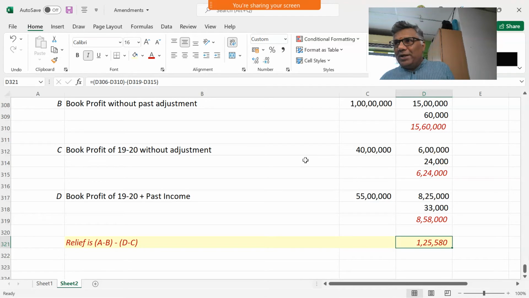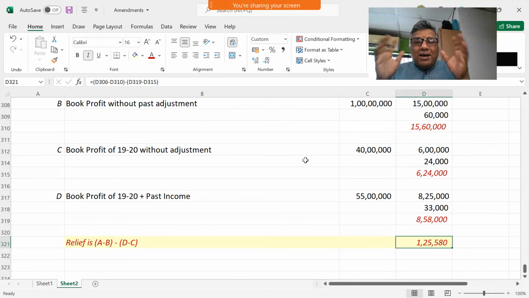If you ask me a question, I have two answers to you. In that year surcharge comes because of this. This year surcharge is not coming because of this. Due to that negative will be there. That is one small reason.